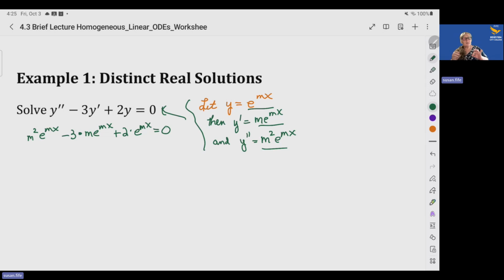Notice that we have that e to the mx in common. You can factor it out. Factor, factor, factor. And we're left with m squared minus 3m plus 2 equals 0. And from here, you could divide by e to the mx.